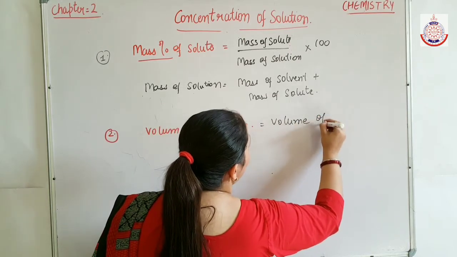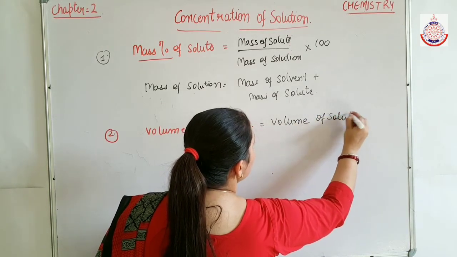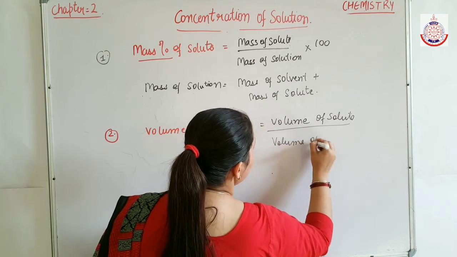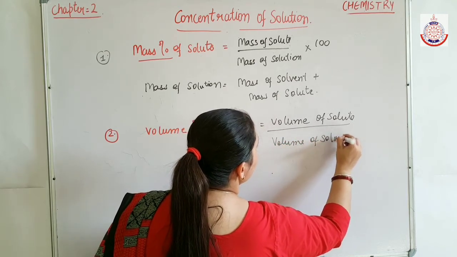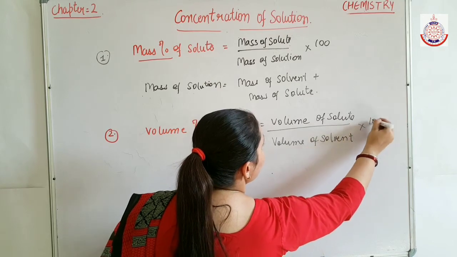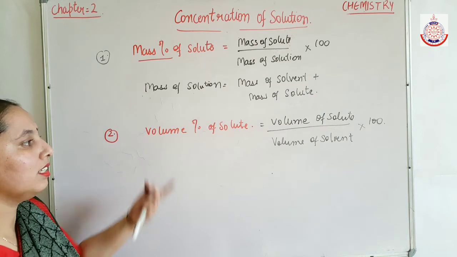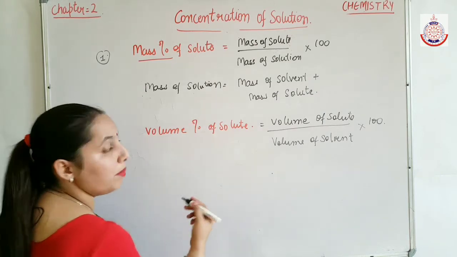That is the volume of solute to the volume of solution into 100. This is the second way, the volume percentage.